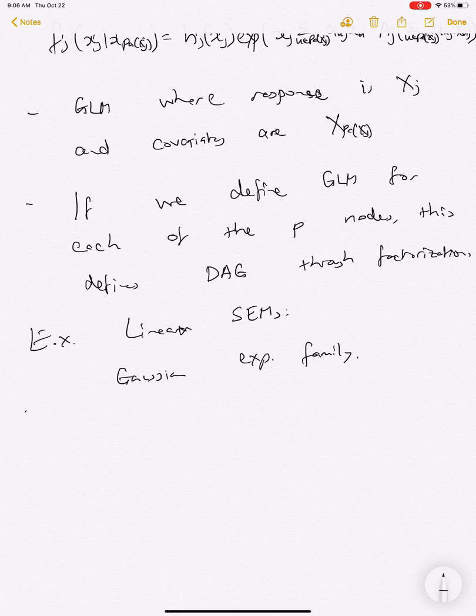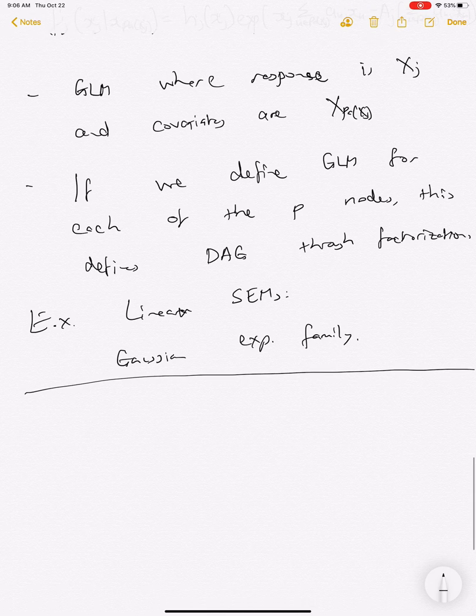And so that was just a bit of a detour to DAGs, because we want to do something similar for undirected graphs.